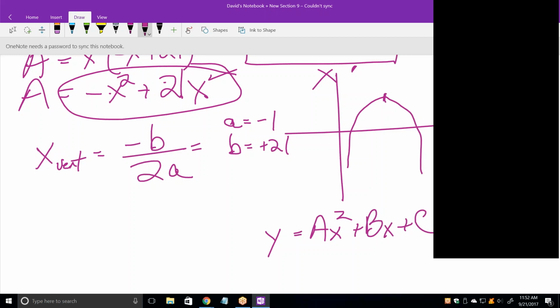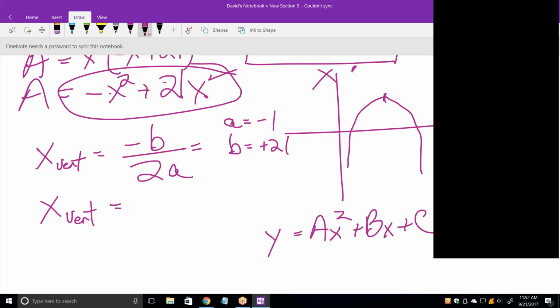When I say what is a, I want you to look at this equation we have and know that a, same as this capital A, is whatever the coefficient of the x squared is. Well, in this case, it's minus 1. Okay, so now we can figure out the x coordinate where this maximum is going to occur.